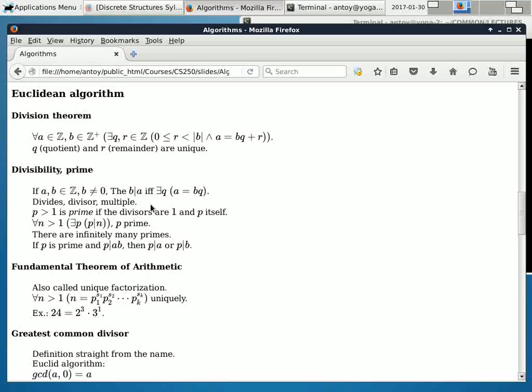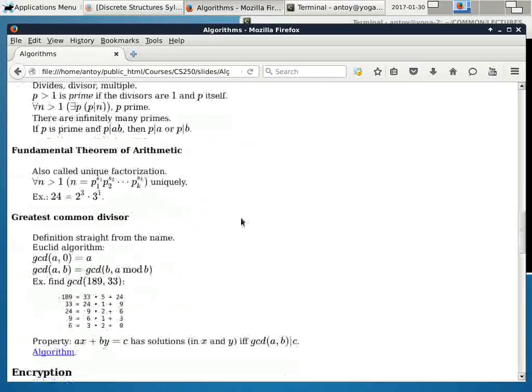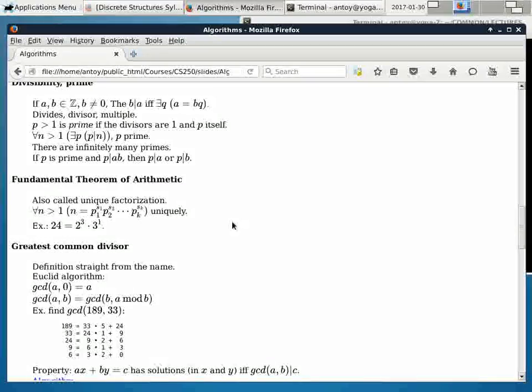There is no other way to break it. In the case of 23, you will only have 23 raised to the 1, because 23 is prime.